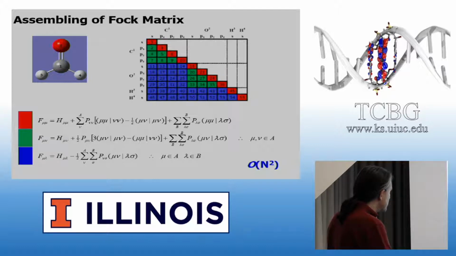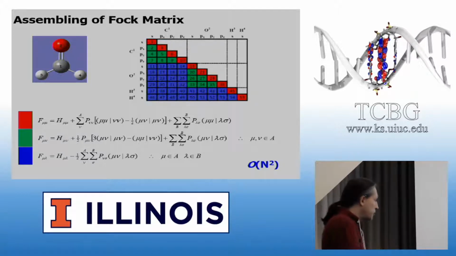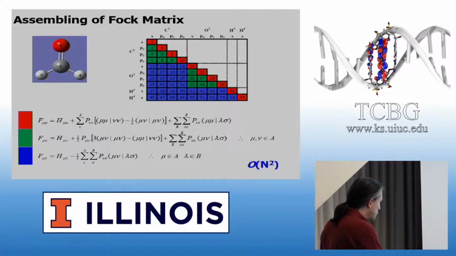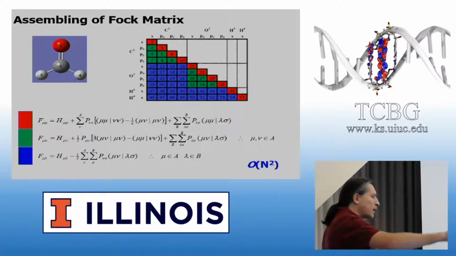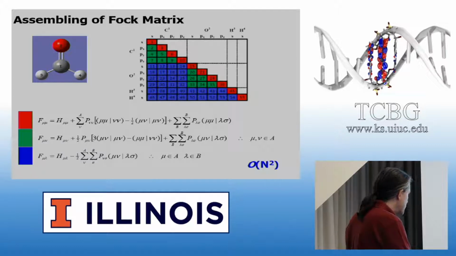And for that part here, the two-center elements, because you have one orbital centered on one atom and the other orbital centered on another atom, you use this equation to calculate this part of the matrix.